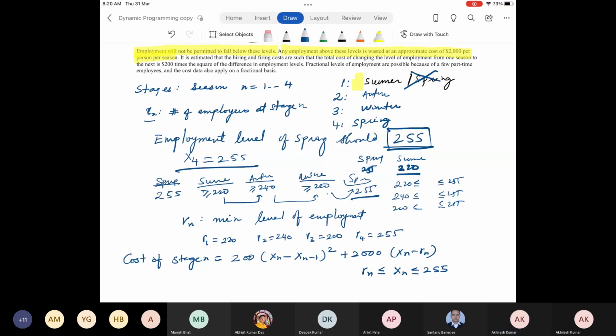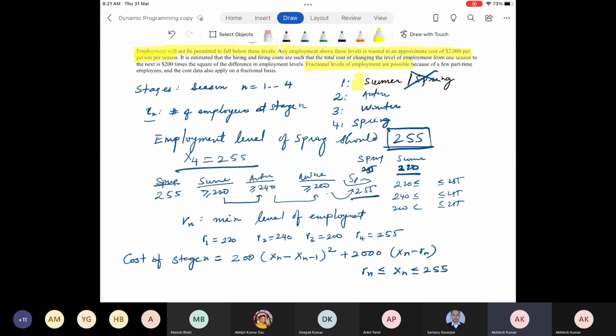Infinite. The reason I'm saying infinite is because we also have this line, fractional levels of employment are also possible. Make sense? Is this correct, guys? Yes, sir.